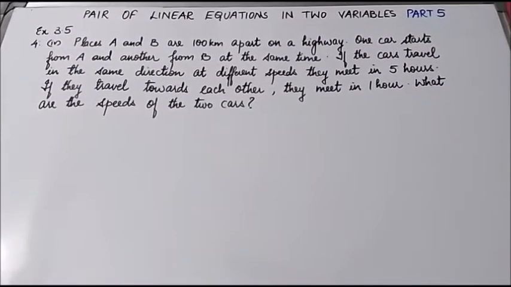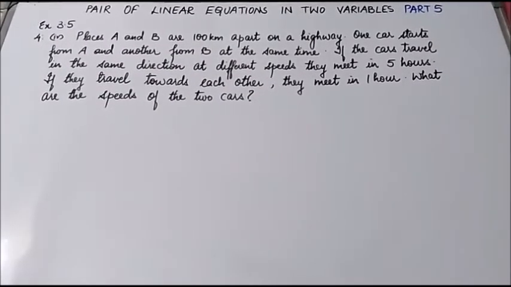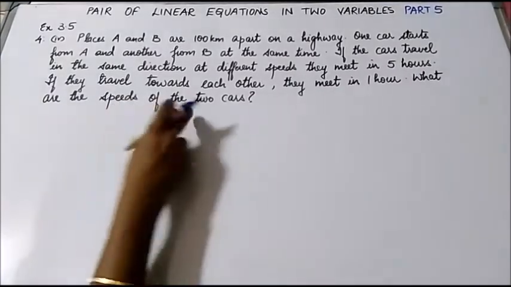The fourth question. Places A and B are 100 km apart on a highway. One car starts from A, another car starts from B. We have been told to find the speeds of the cars.